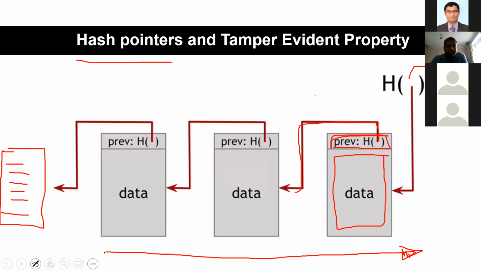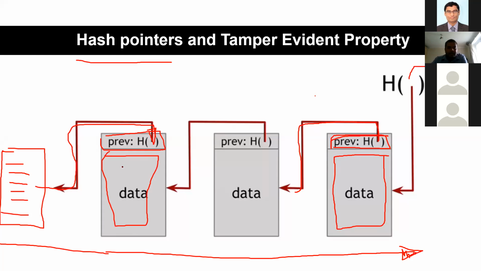This is the beginning. So what happens in the blockchain is we will take the hash of this, the hash of the previous block. Now we have new data, here we have more transactions, right?